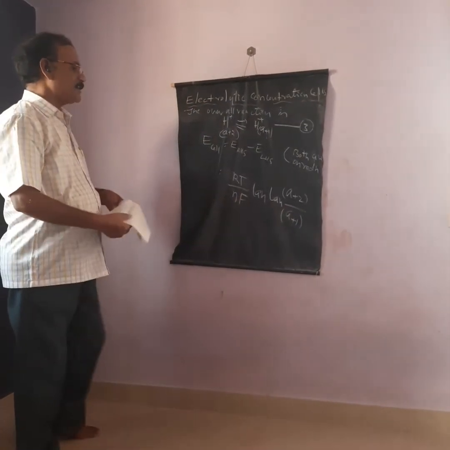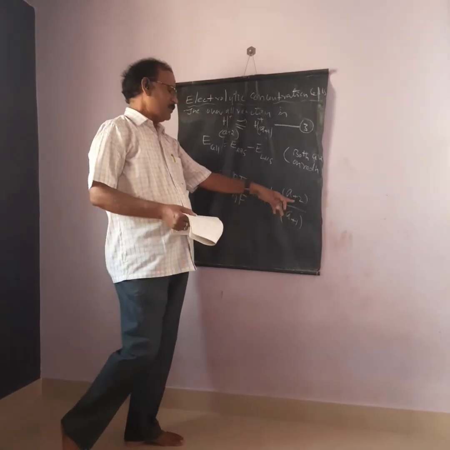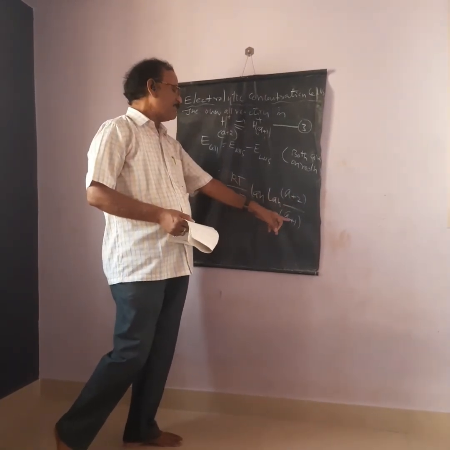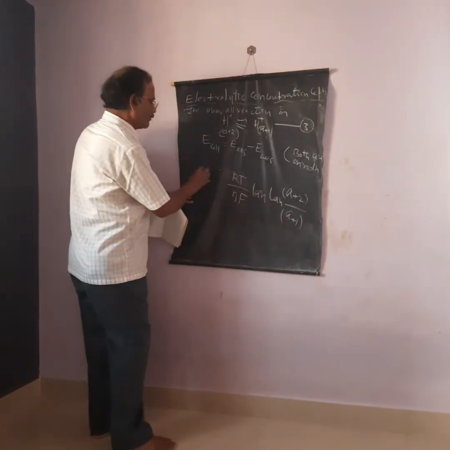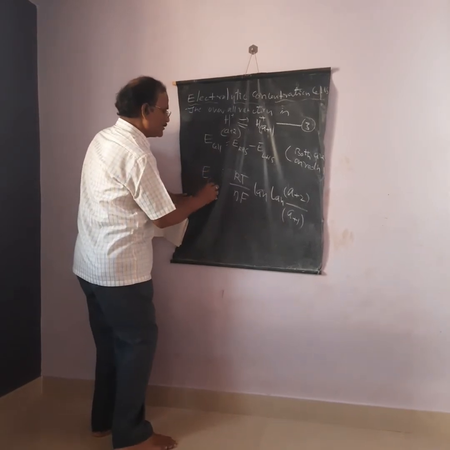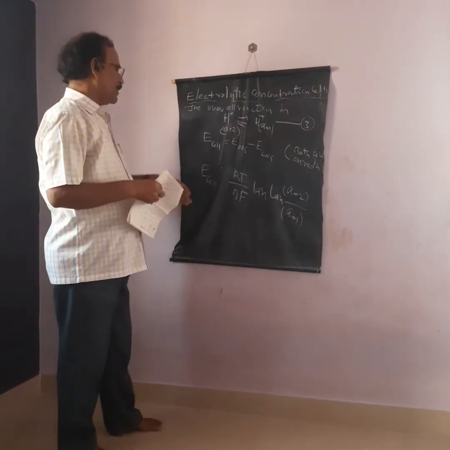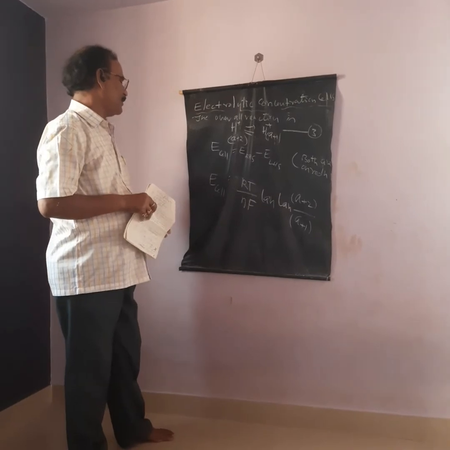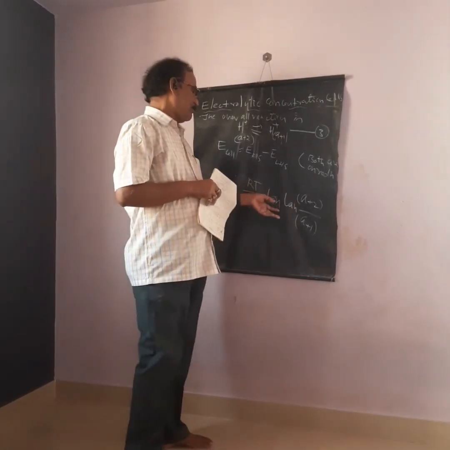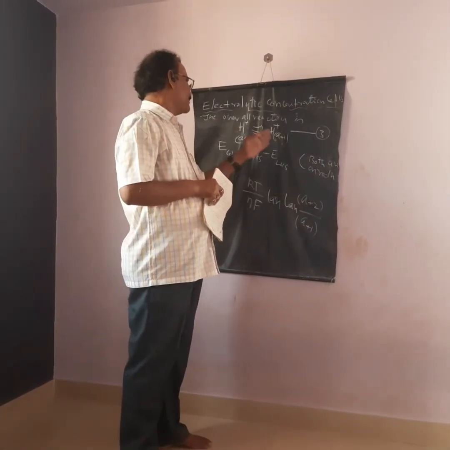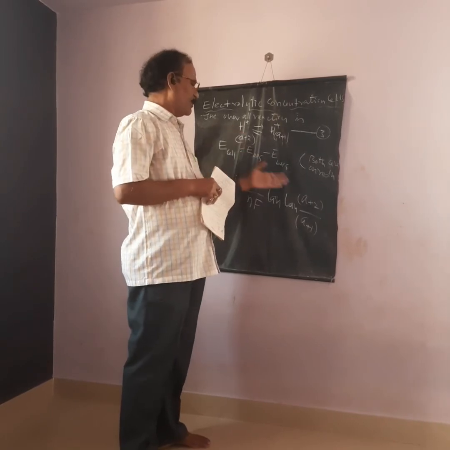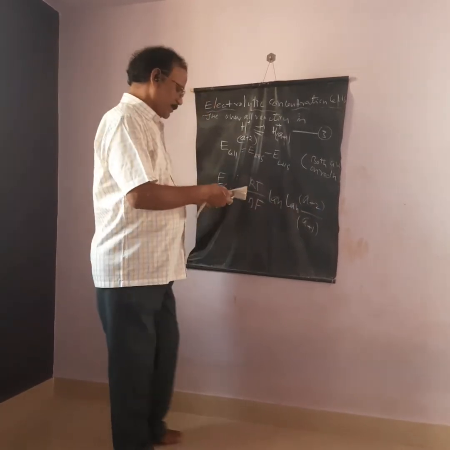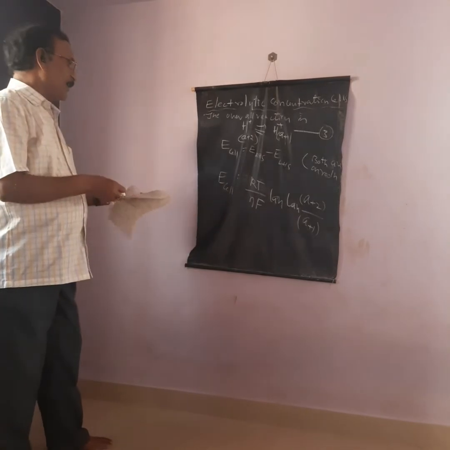A plus 2 is the activity of the hydrogen ion at the right electrode. This is the EMF of the cell. And write by Nernst equation, RT by F into logarithm of, this is the right hand side electrode, A plus 2 divided by A plus 1. I can write it directly.